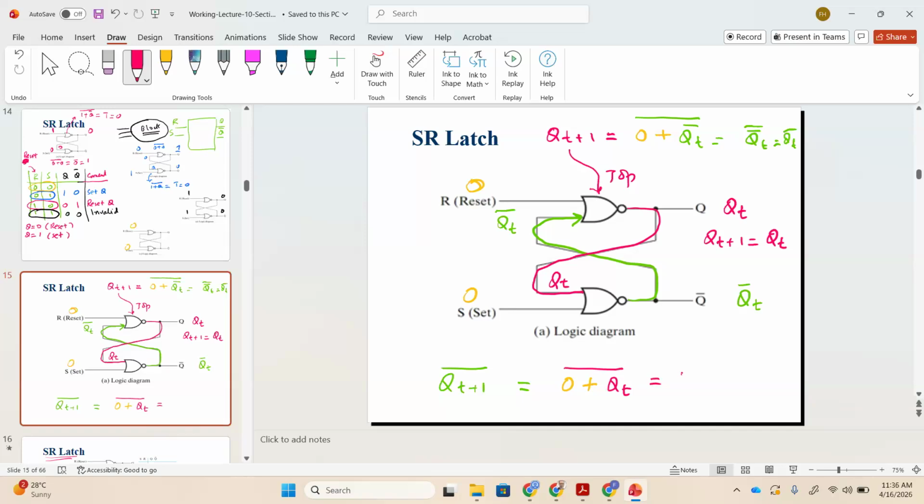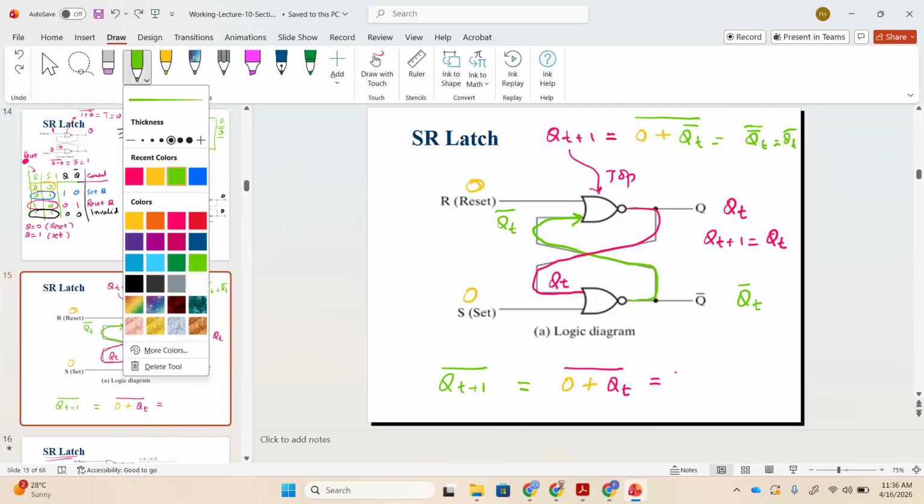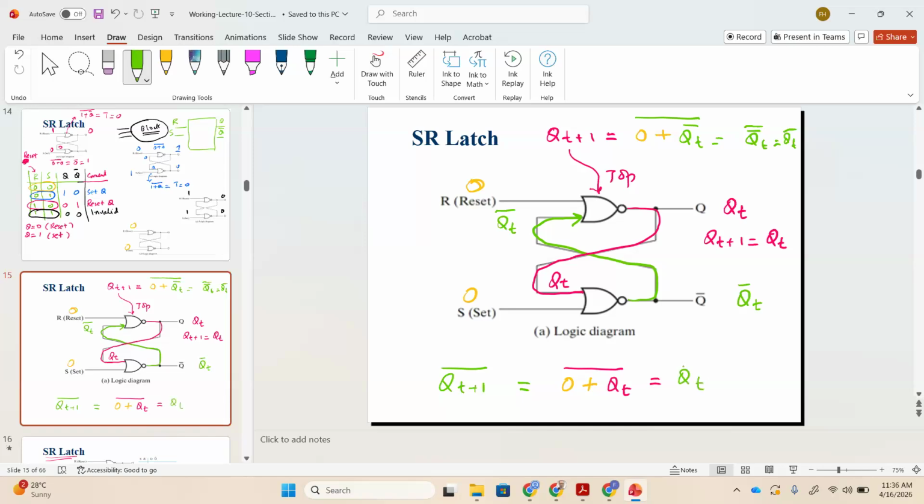And if you look here, it will actually be Q_T bar. Got it or not got it? So Q_T plus 1 will be equal to Q_T bar.